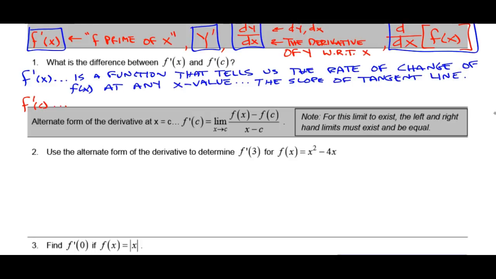Okay, so now let's think about f prime of c. And I've said this throughout the year. We will use c as our x value of interest. So f prime of c is the rate of change.